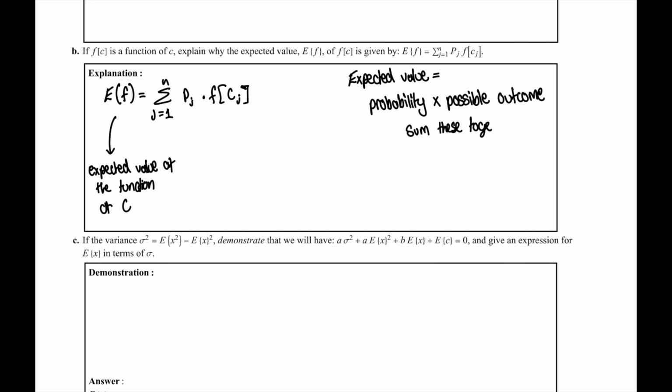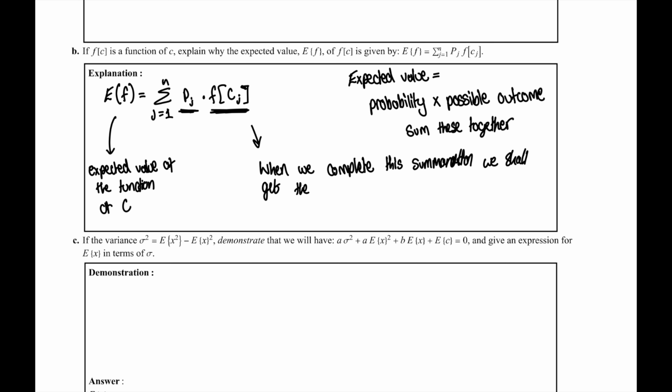So all the possible outcomes, we sum them together when we've multiplied them by their probability. As you can see, that's what we're doing here. We have the probability of a certain value from this function, and then we sum everything together. So when we complete this summation, we shall get the expected value of c. Cool, moving on to c.